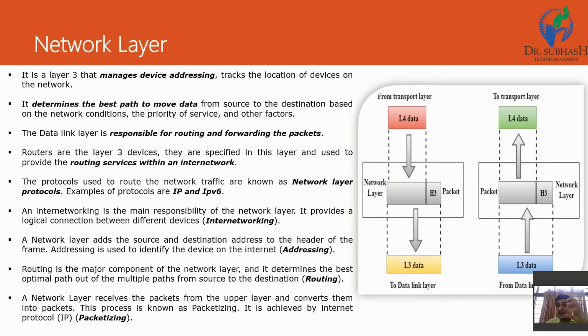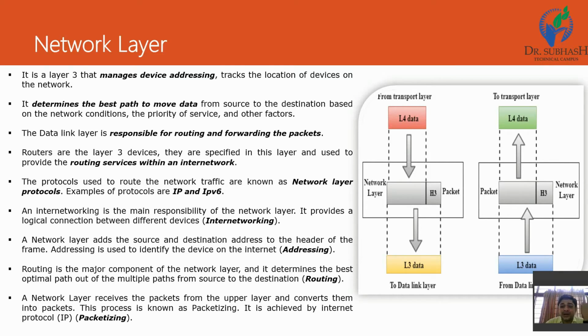How do we consider what is best? First one is the shortest path. Another one is less congestion. That means that path may be free as and when required. There should not be more traffic on this particular path.